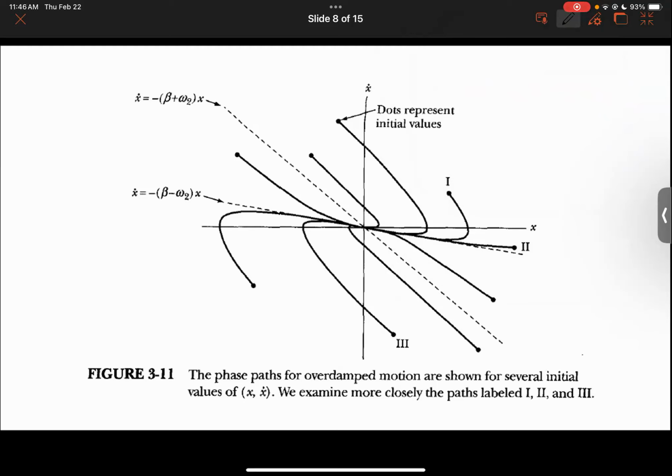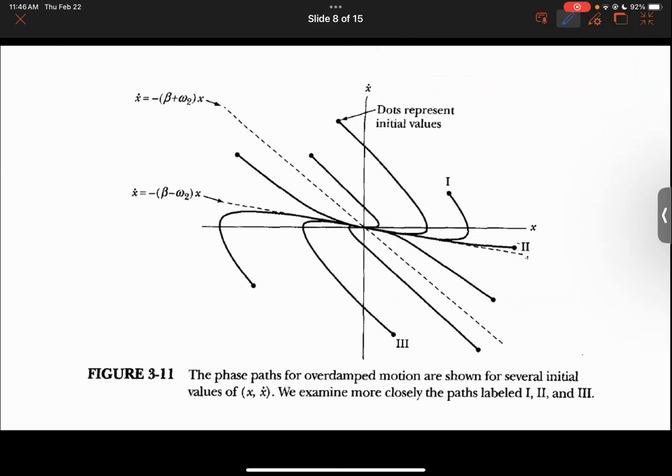Okay, so there are always those lines. But we can take a look at three cases, okay, na kung saan yung motion ay above the asymptote. So like yung case 1 at saka case 2 is above this asymptotic line, and yung case 3 is below this asymptotic line.